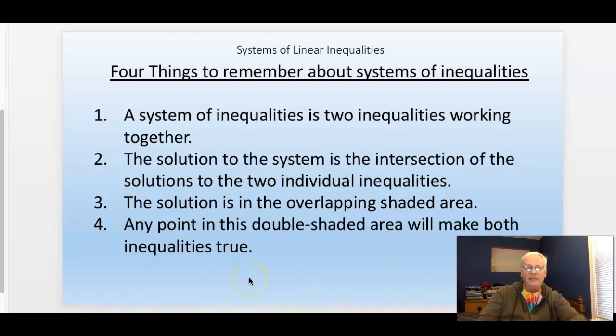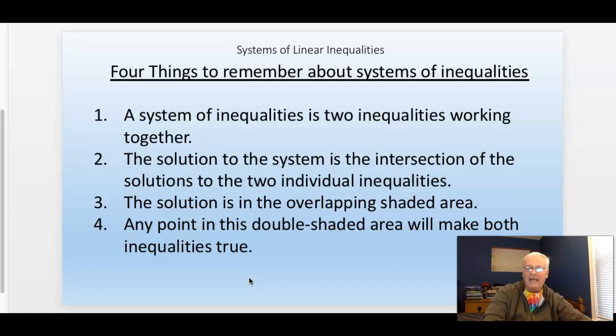You need to know this. These are 4 things I want you to know about systems of inequalities, and this is the answer to the vocabulary. A system of inequalities is two inequalities working together. The solution to the system is the intersection of the solutions of the two individual inequalities.